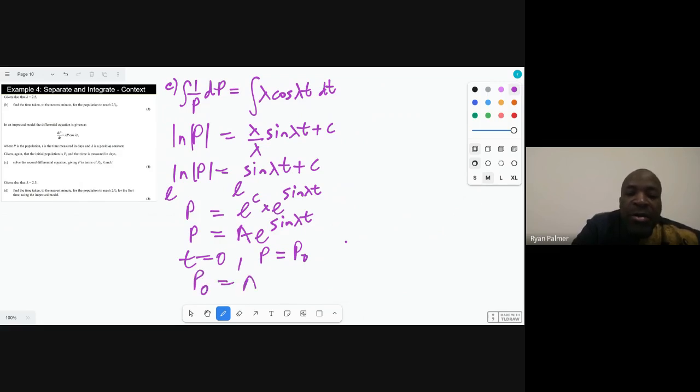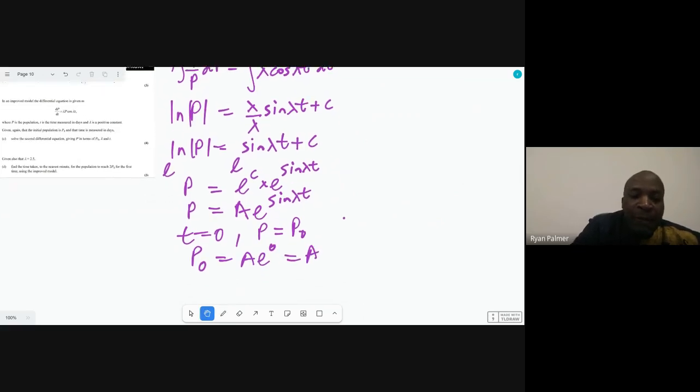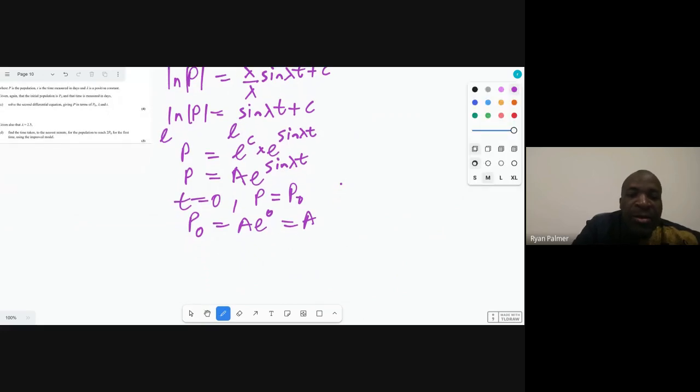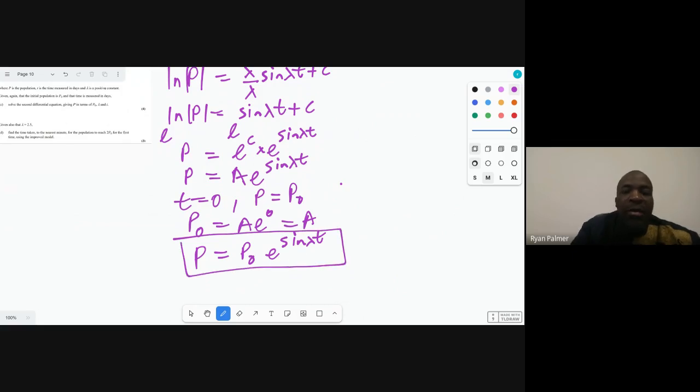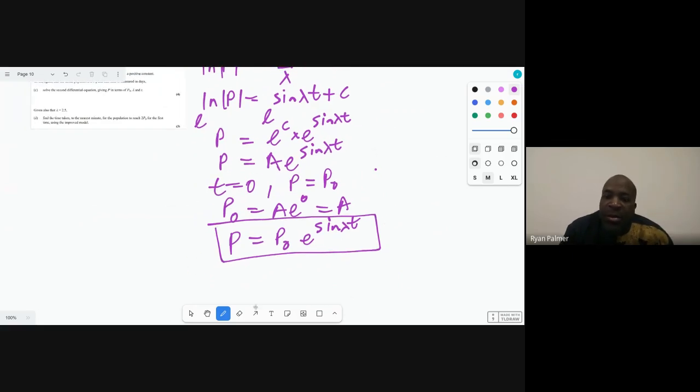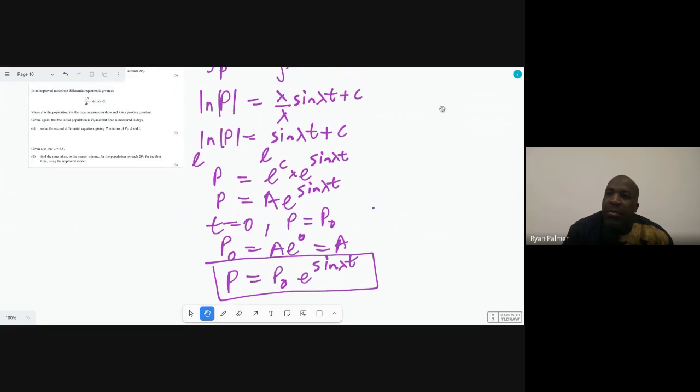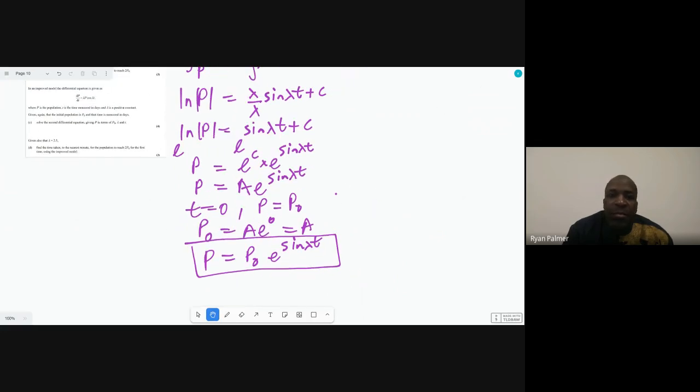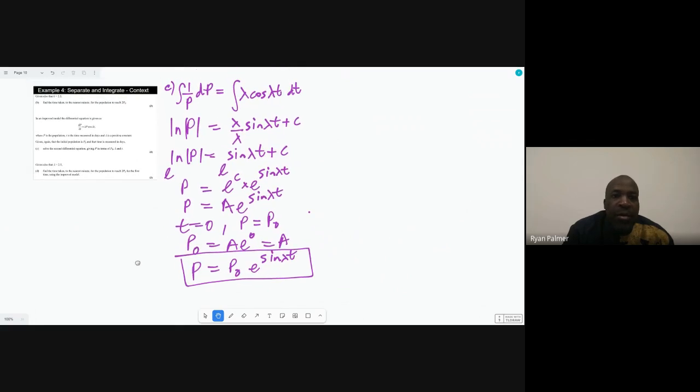So P naught is equal to A e to the 0, which is equal to A. So that therefore means that our final equation will be P is equal to P naught e to the sine lambda T. Okay, so let's have a look at what we have so far. All right, so that gives us a full picture of what we have so far.